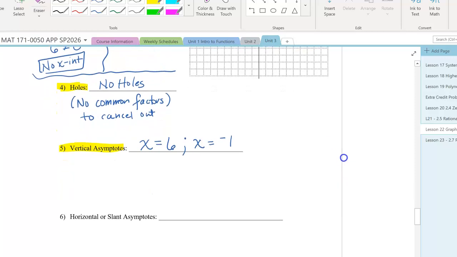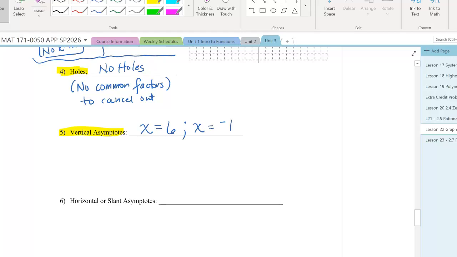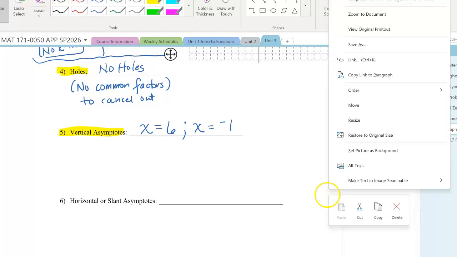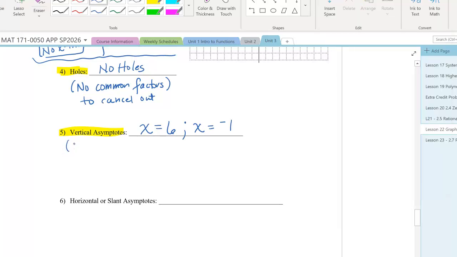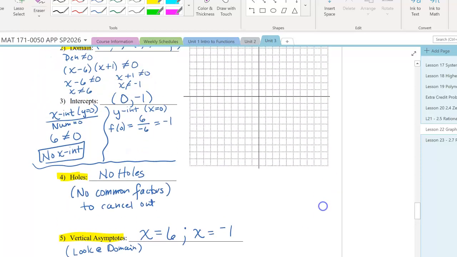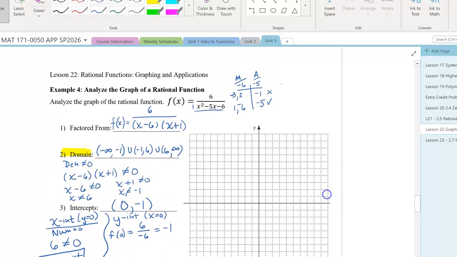All right. Finally, the horizontal or slant asymptotes. Remember to figure that out, we're going to look at the degrees. To figure out, is the function top heavy, bottom heavy, or the same?